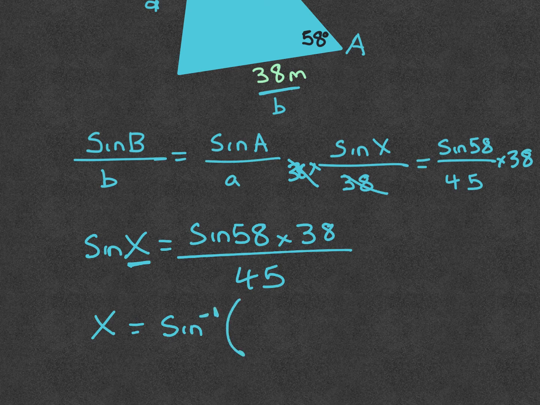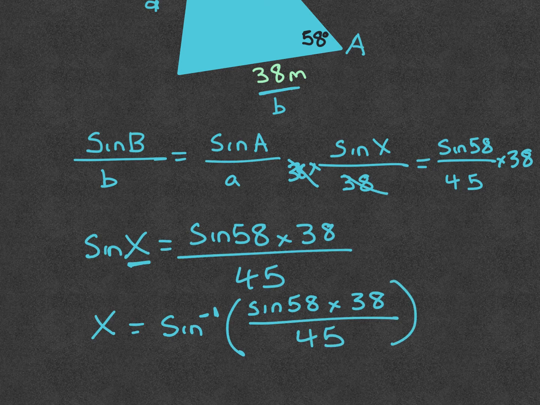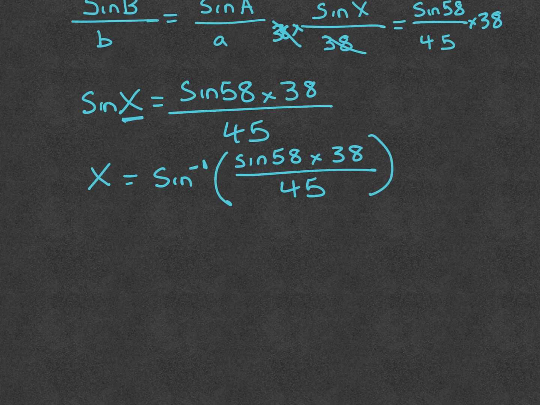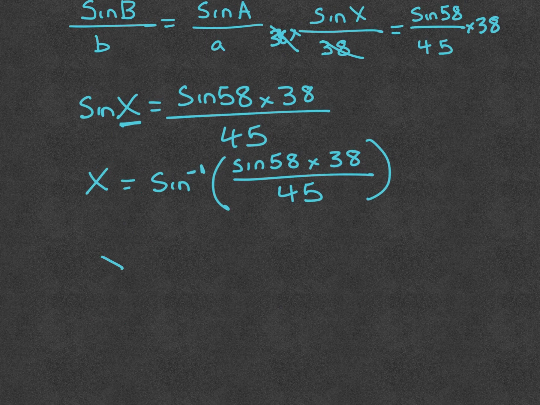We want to make sure that when we perform this inverse sine operation that we're calculating everything else first and then applying the inverse sine to the whole calculation. So when we enter that into our calculator, what we get for X is 45.7 degrees. So that's the size of our unknown angle X.